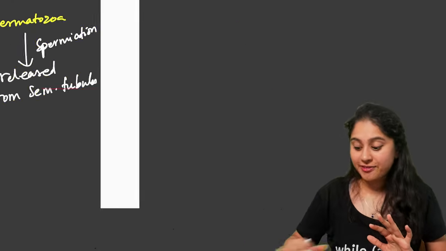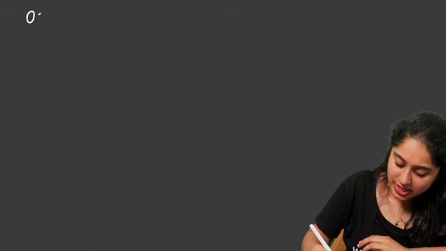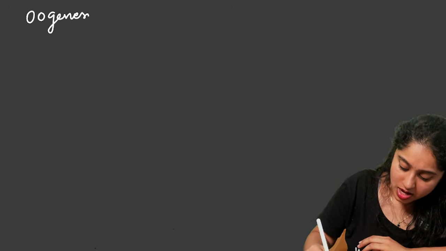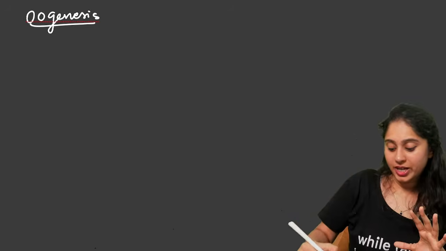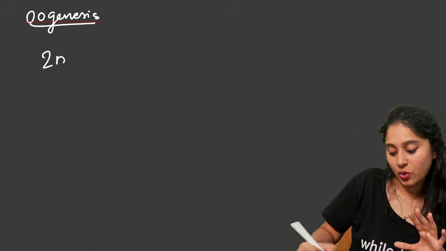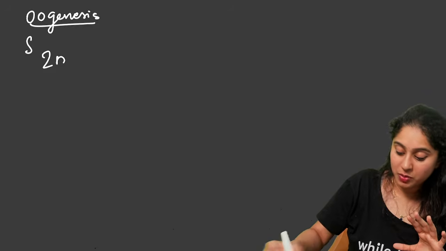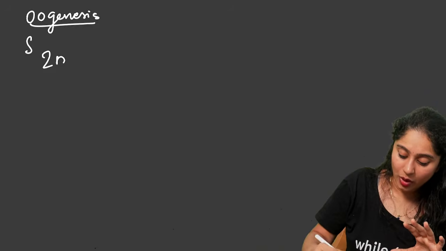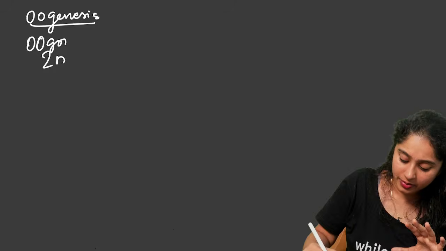Okay, perfect. Now when you look at oogenesis, what's going to happen is, try to understand clearly. It's going to be the same thing. I'm going to have 2N. Instead of spermatogonia, I'm going to have oogonia here.